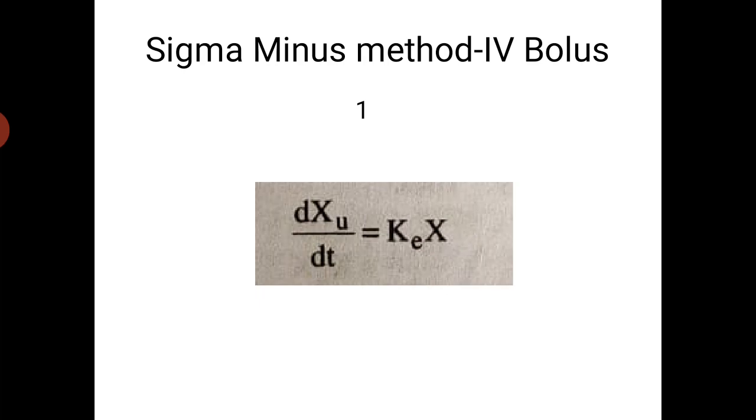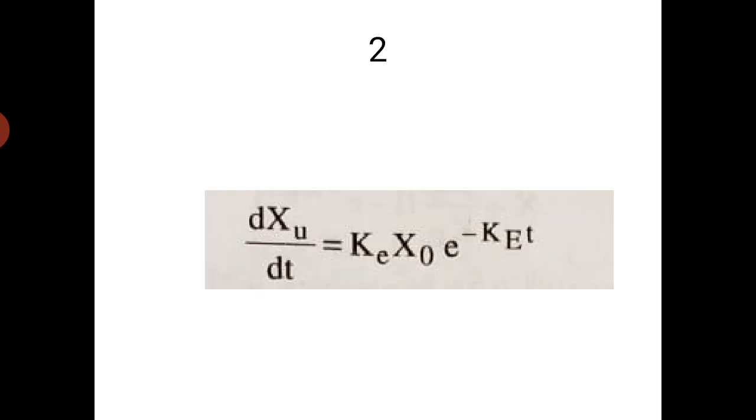Now we are going to substitute the value of x here for an IV bolus. For an IV bolus, x equal to what? You remember, x is equal to X0 e raised to minus ket. Now substitute the value of x equal to X0 e raised to minus ket in the first equation.